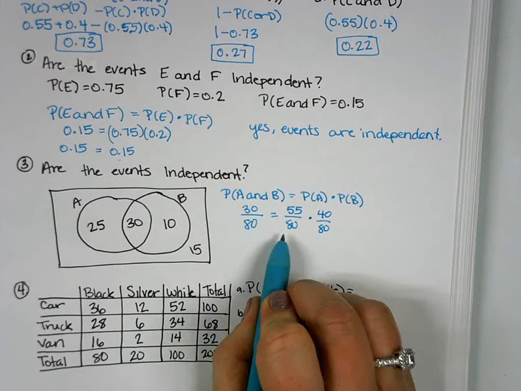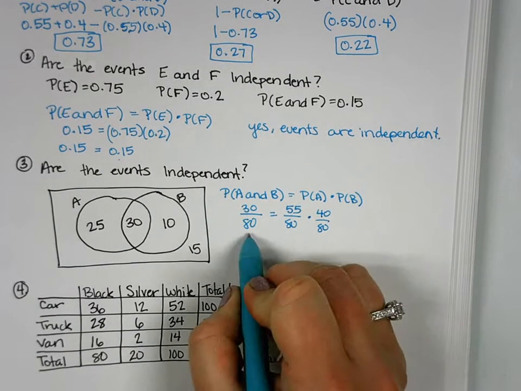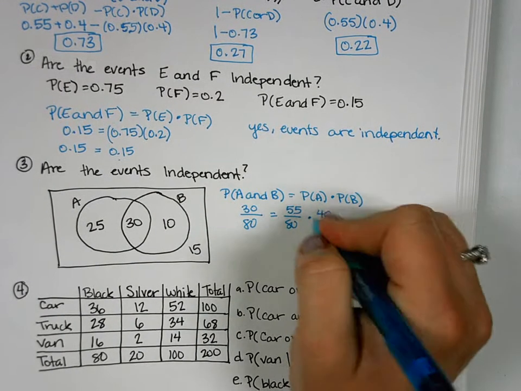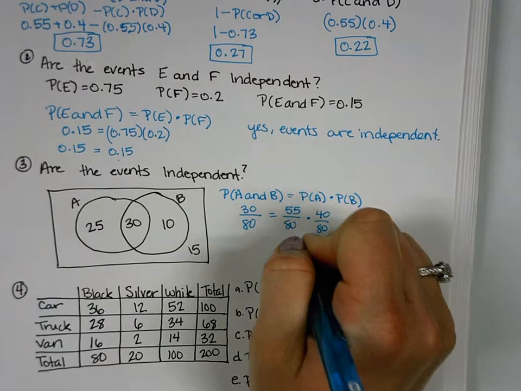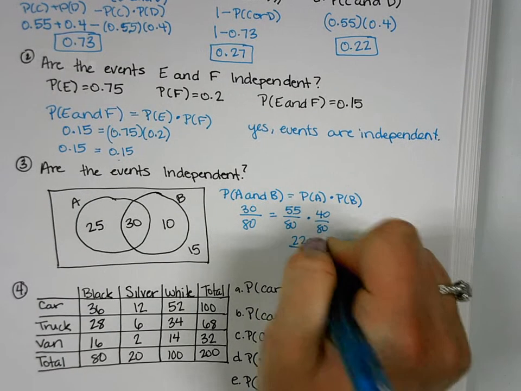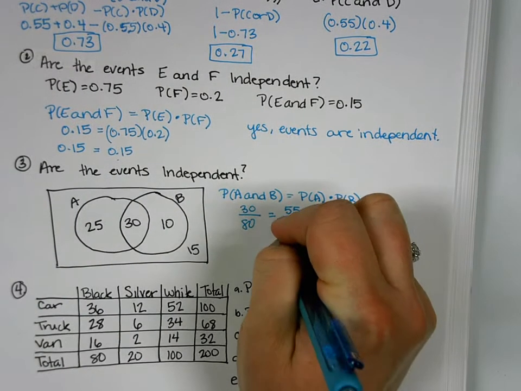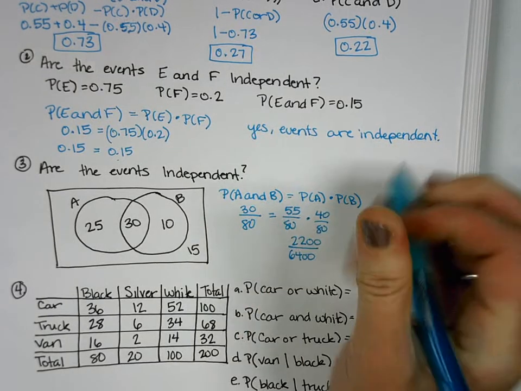I'm going to wait and not simplify quite yet. So if I multiply 55 and 40, I'll get 2200 over 6400, right?